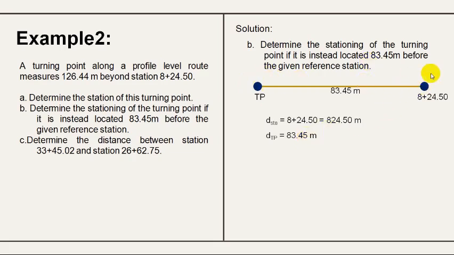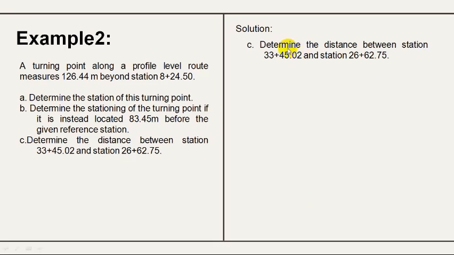Since it is before, we will subtract. 824.50 minus 83.45, that is 741.05 meters. And again, since the station is what is asked, the station of the turning point is equal to 7 plus 41.05. Okay.